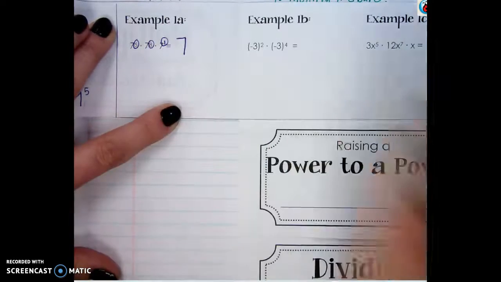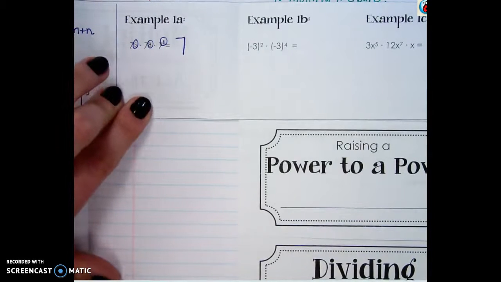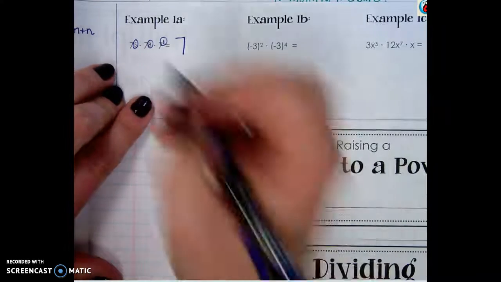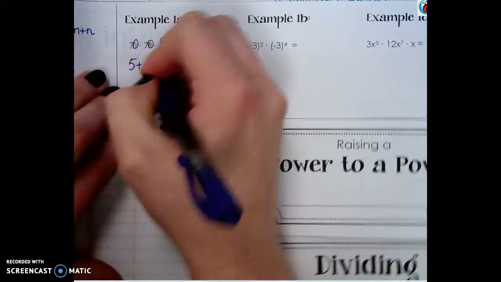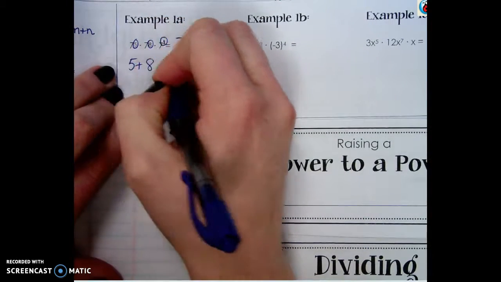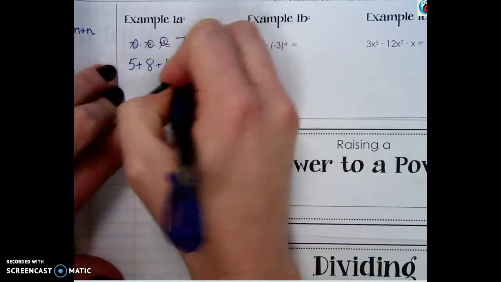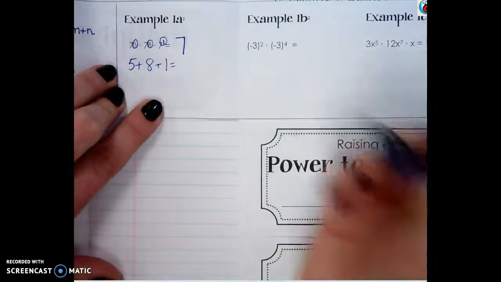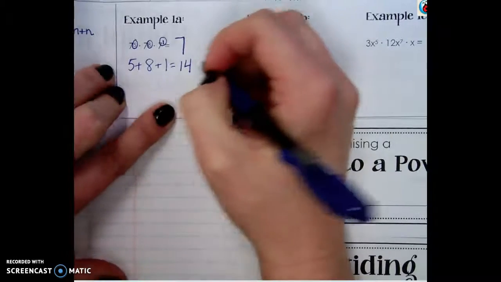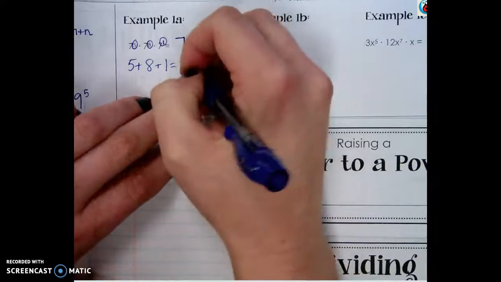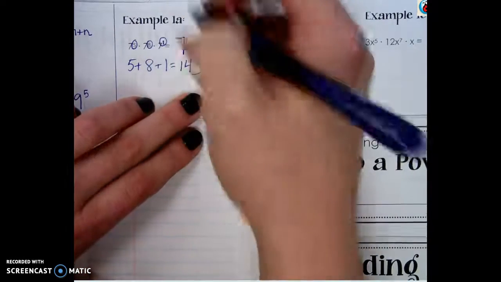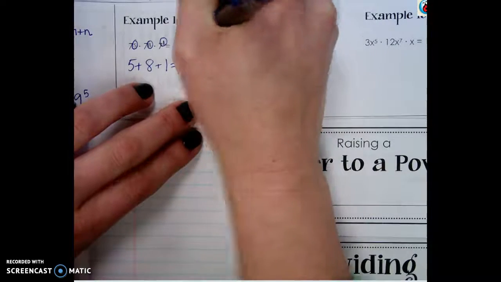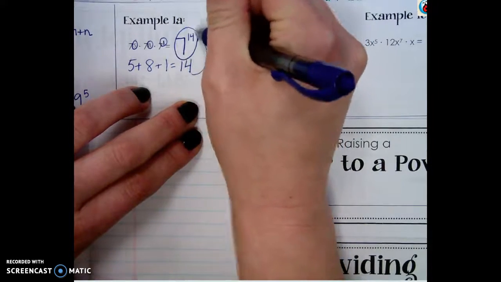Okay? So now our rule is to add our exponents together. Well, we have the exponent 5 plus the exponent 8 plus the exponent of 1, which is 14. So this is my exponent. So my final answer is 7 to the 14th power.